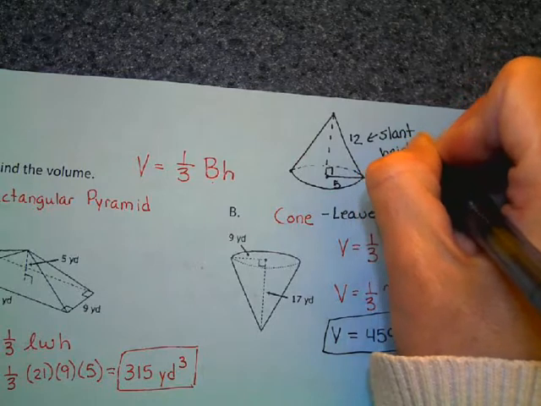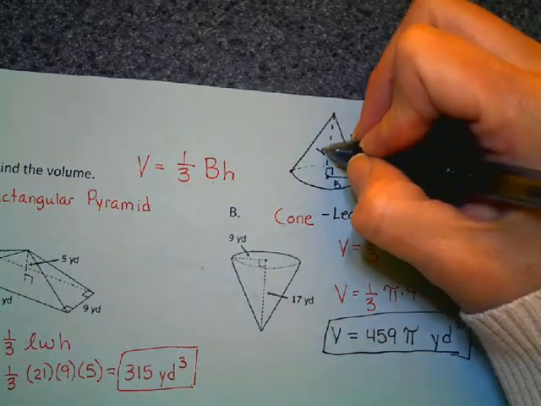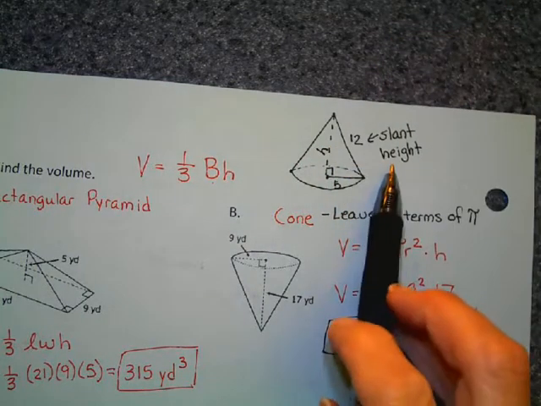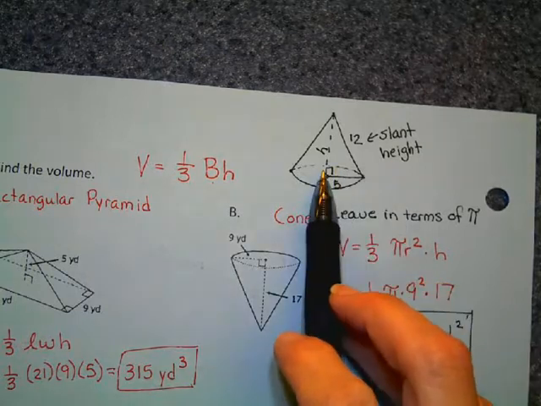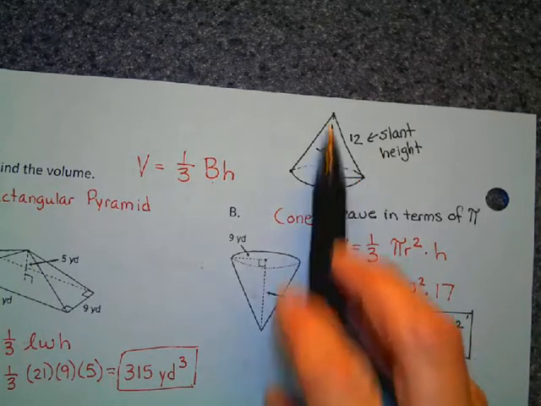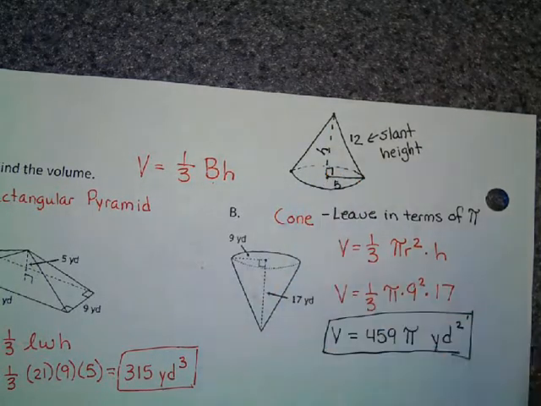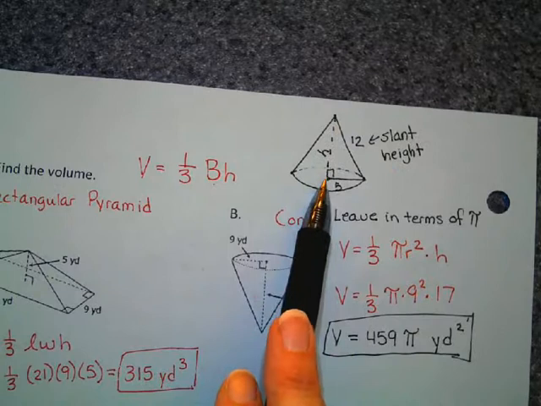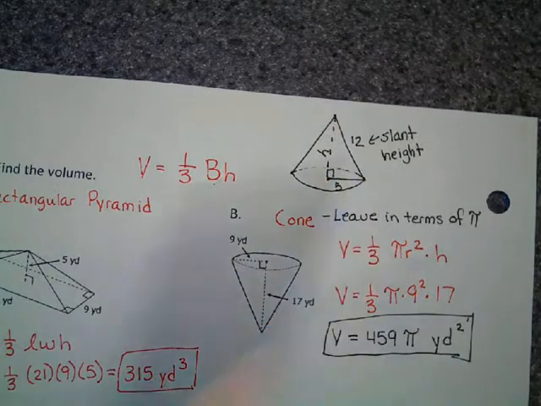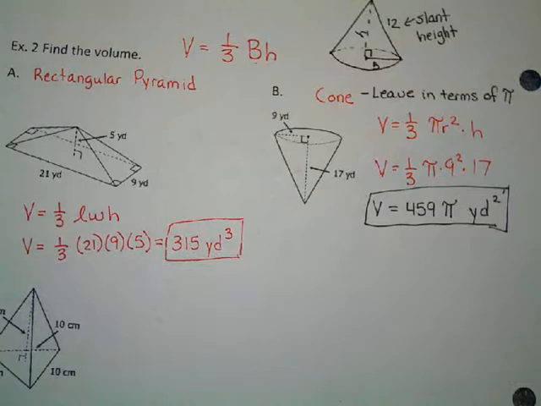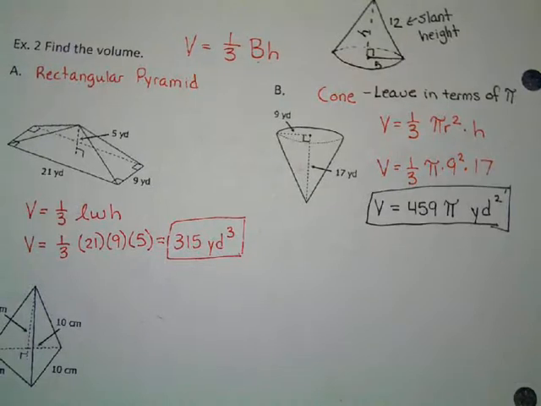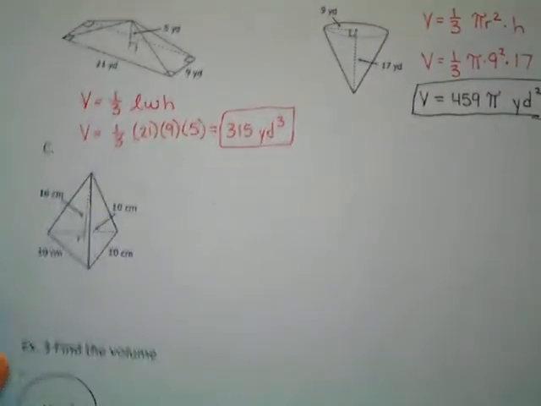So if they ever give you the slant height instead of the height, just remember you have to do Pythagorean theorem to find that height, so that in the base area times height formula you have the right height. These examples we gave you the height on all of them, but one should be surprised. We talked about that with surface area, but it could happen on these volume ones too.